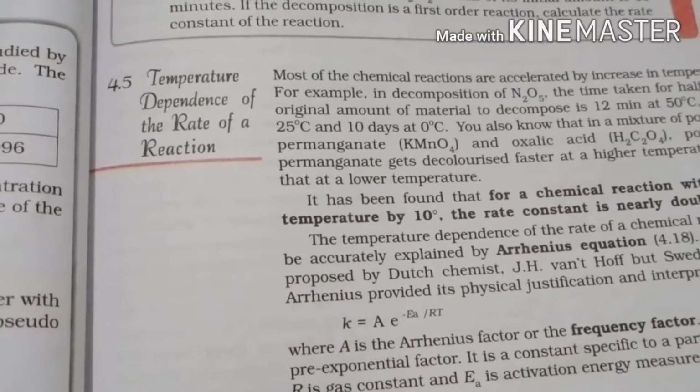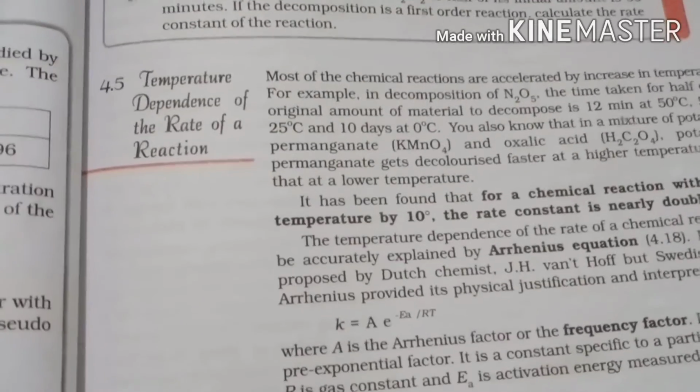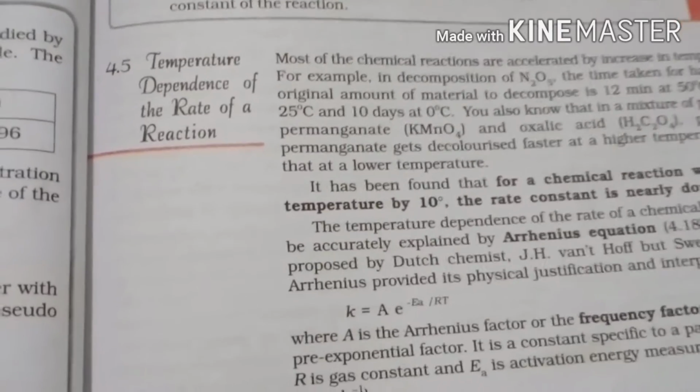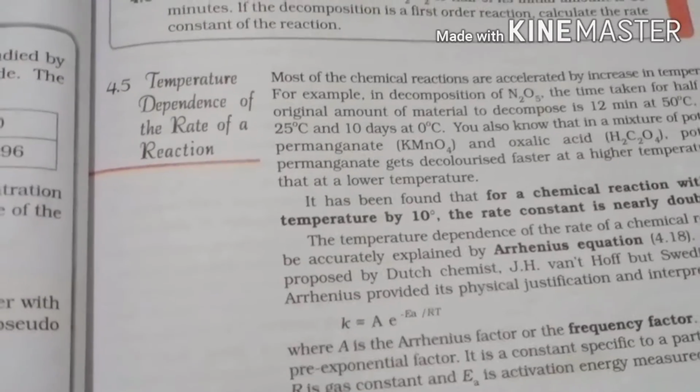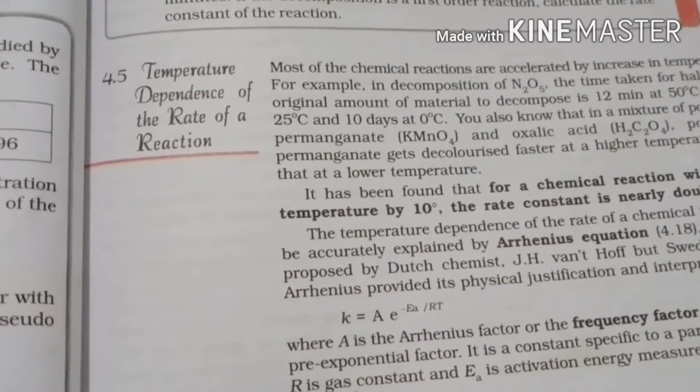It is a constant specific to a particular reaction, where R is the real gas constant and Ea is the activation energy in terms of joules per mole.